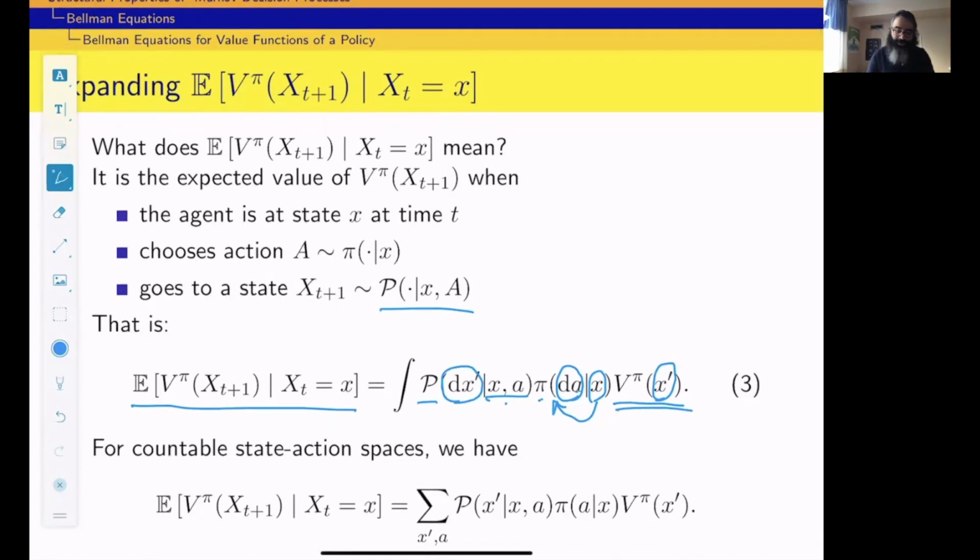If we have a countable state-action space, this would be very similar, but maybe a bit more intuitive. You're at state x, we determine the probability of choosing action a according to the policy, and at state x and a, with some probability, we go to x prime and then take the average over x primes.